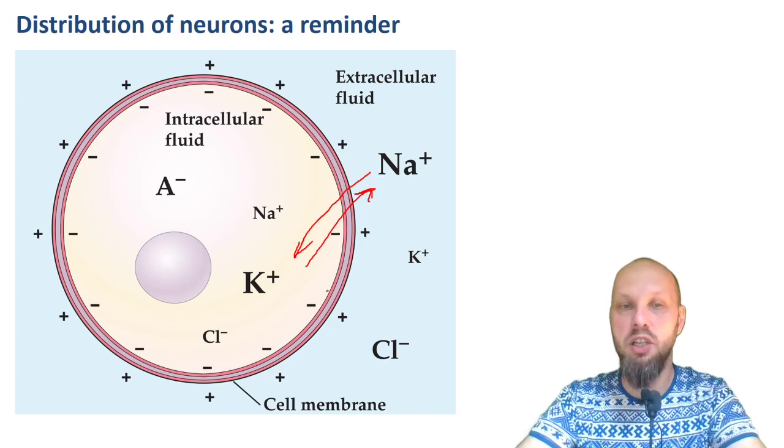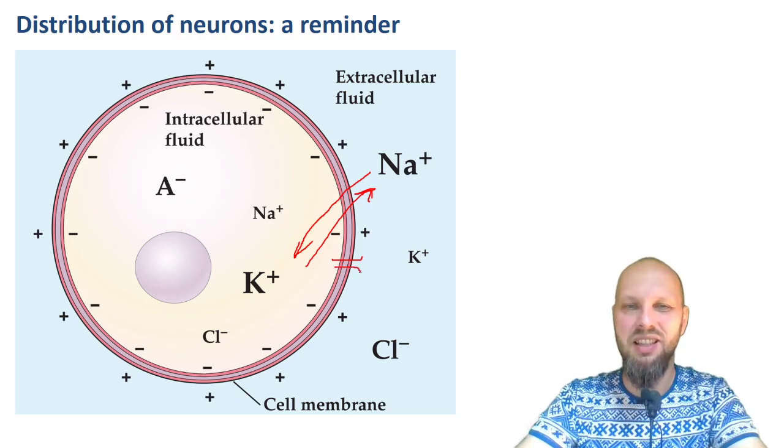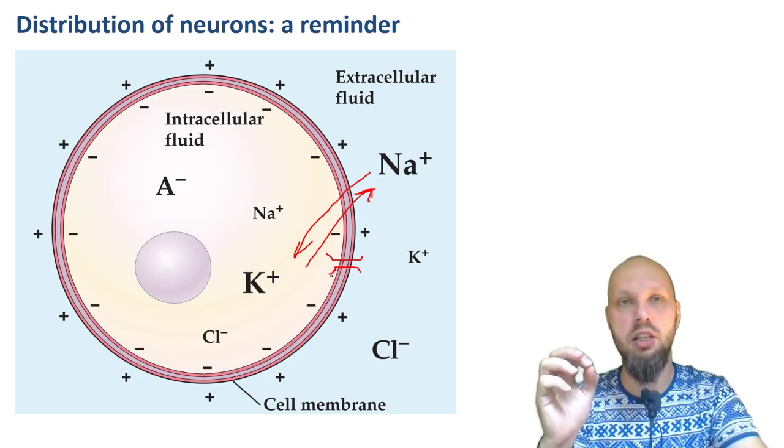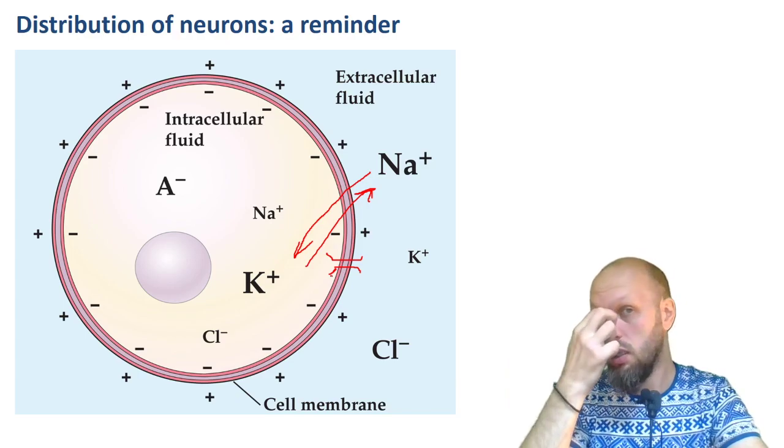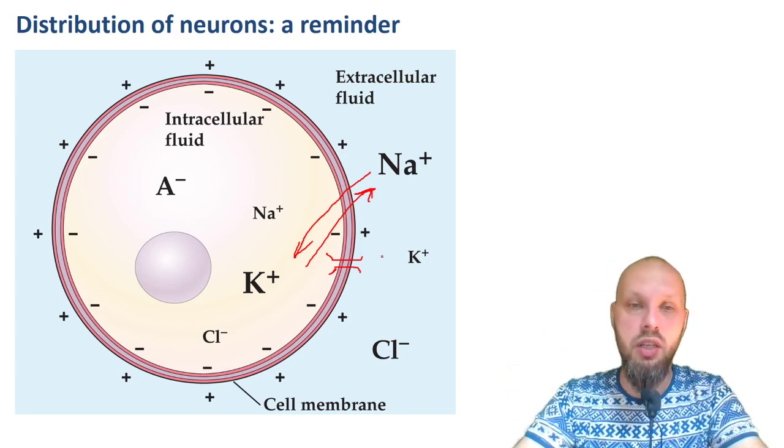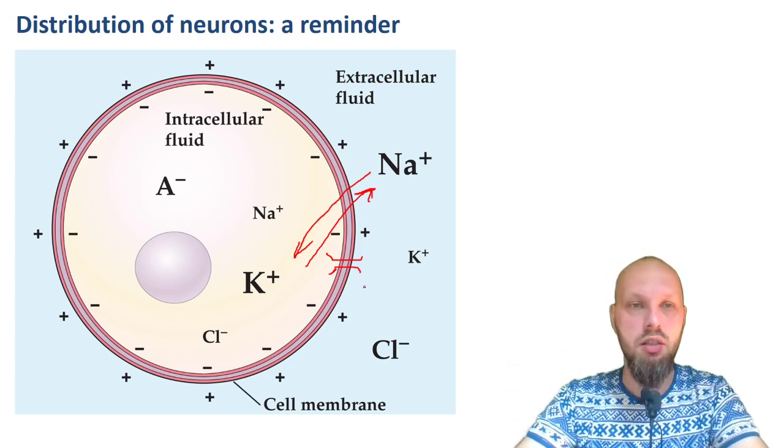But you also have special channels called leak channels that are always open. They don't let too much potassium out, but they are selective for potassium. They only let potassium out, and so they act like doors.